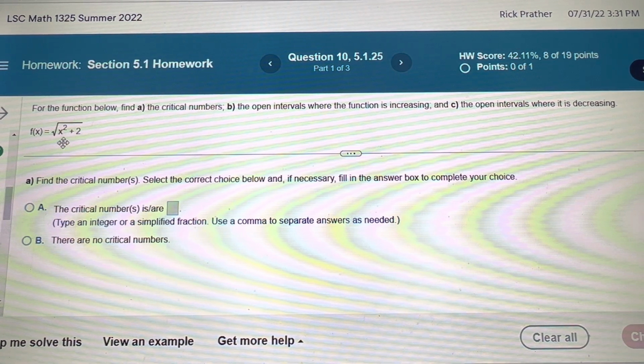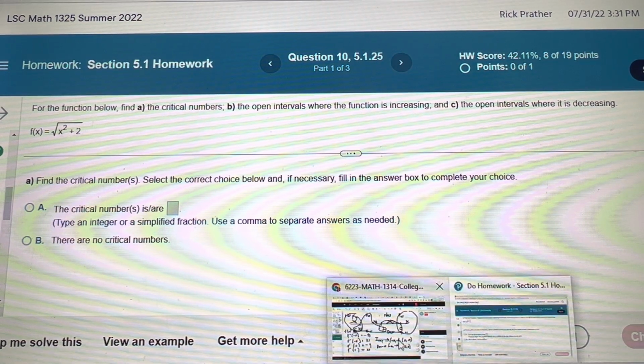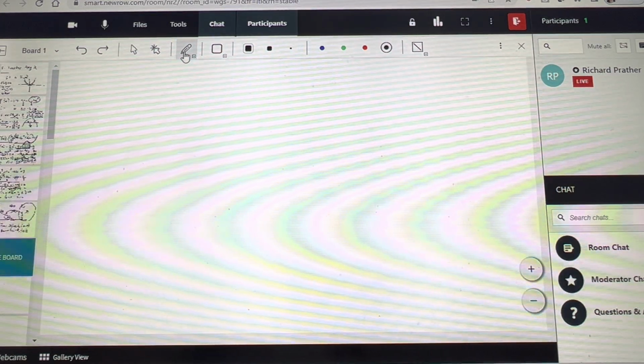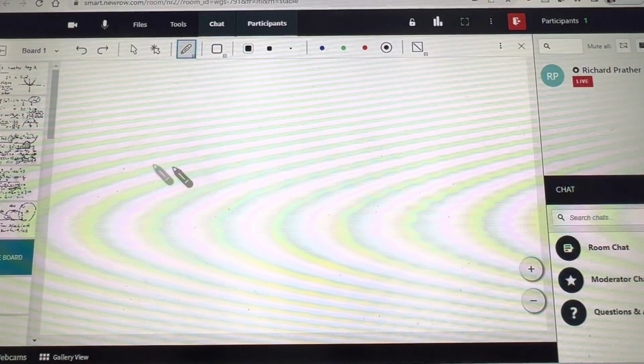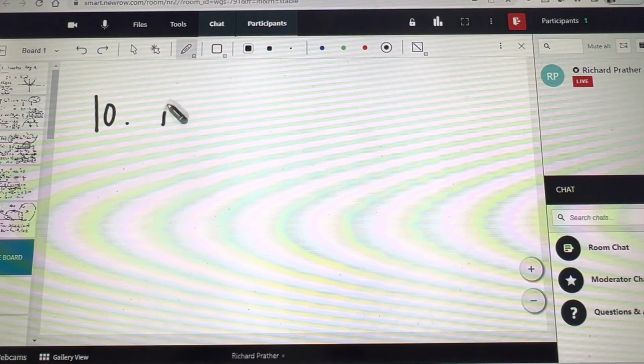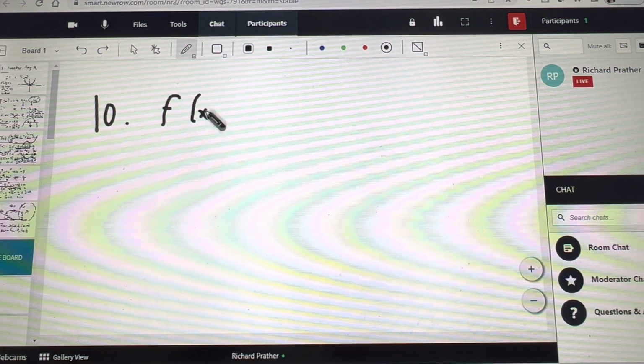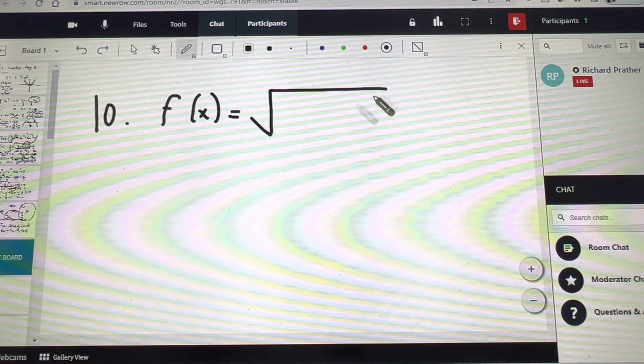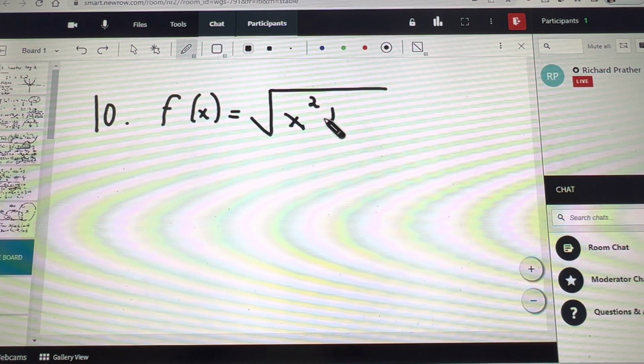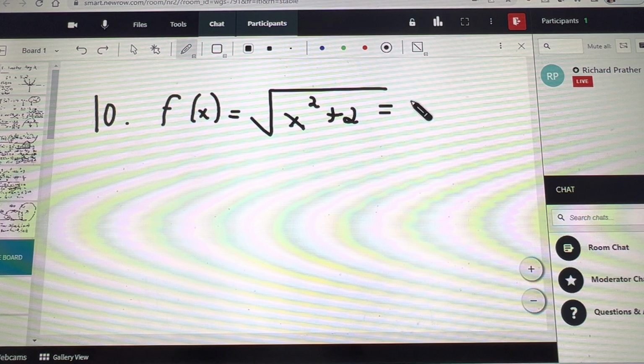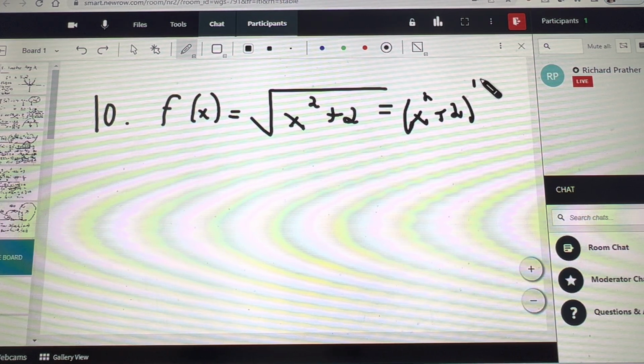Okay, so what if you have a square root? Let's see, this is number 10. So you have an original function that's a square root. That's not continuous everywhere. So I would rewrite this as x squared plus 2 to the 1/2 power.